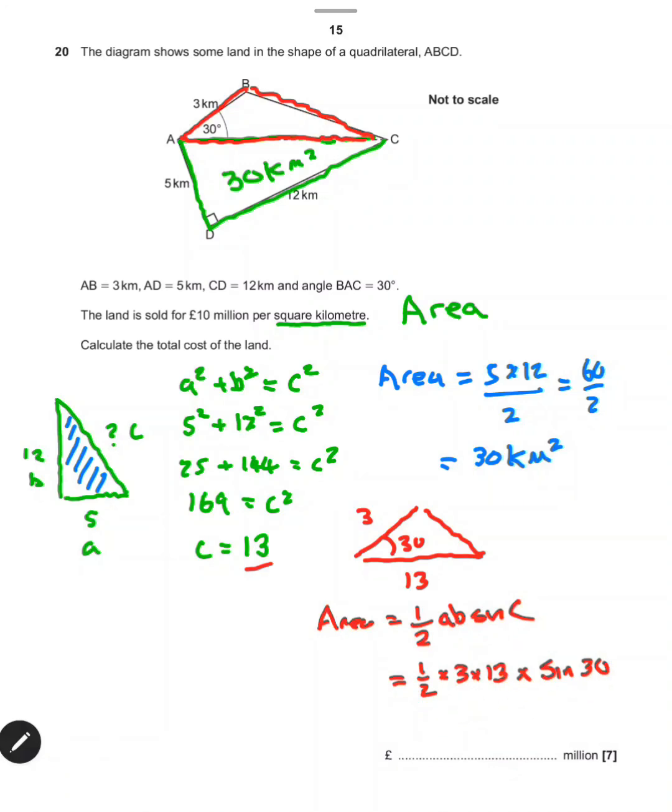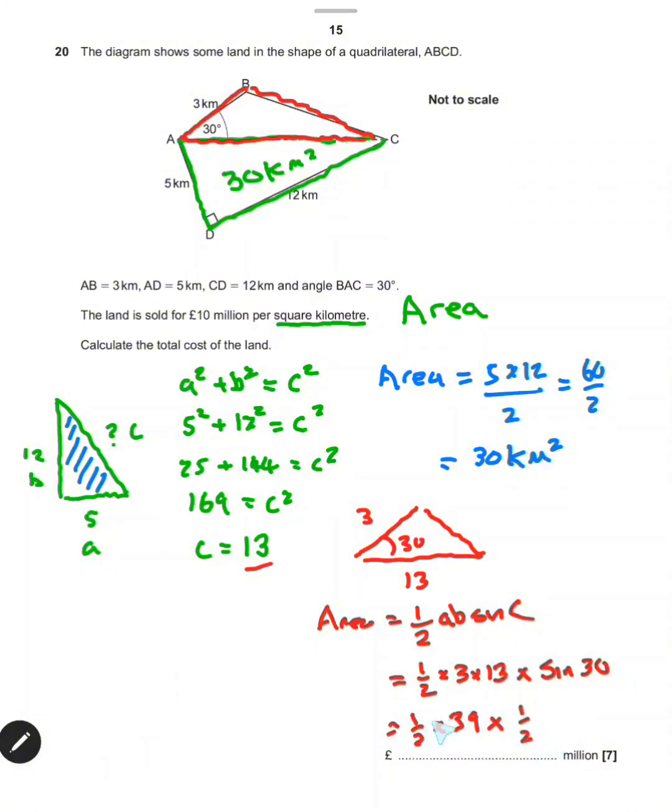And I'm going to need to work this out without a calculator. Well, 3 times 13 is 39. This is going to be a half times 39 times sine 30, which is actually a half as well.